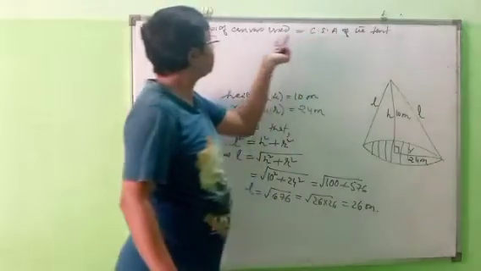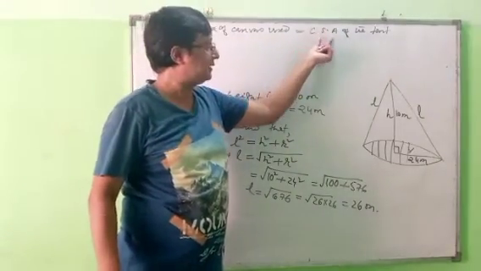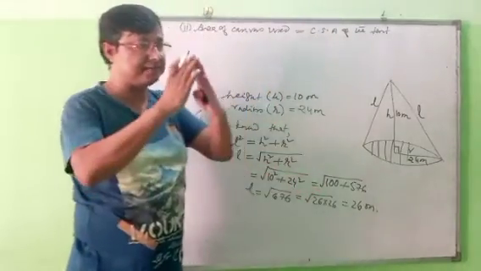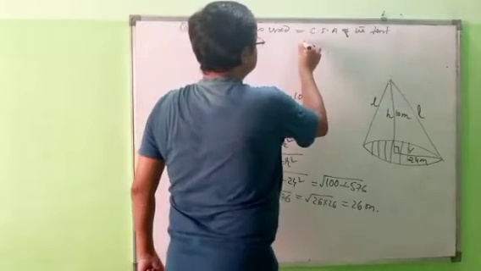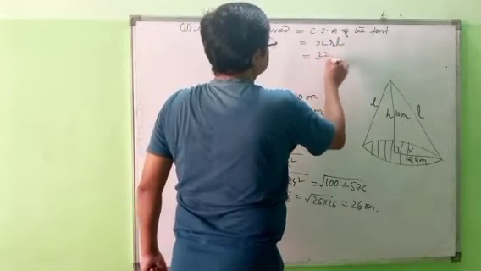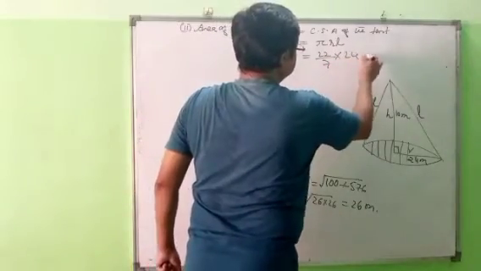They have not used this canvas on the base of the conical tent. They have only used it on the vertical part, that is the curved surface part. So this one is given by pi r L, pi into radius 24 into L.